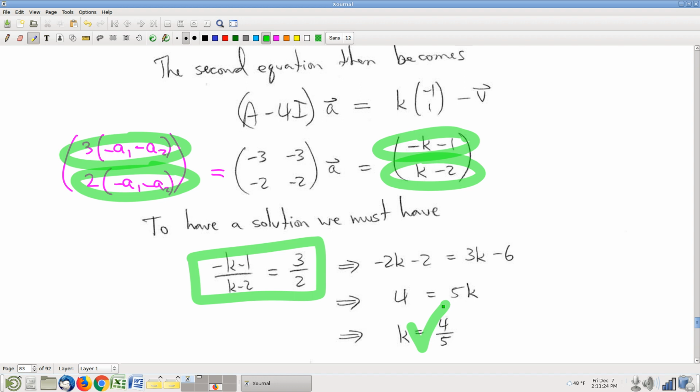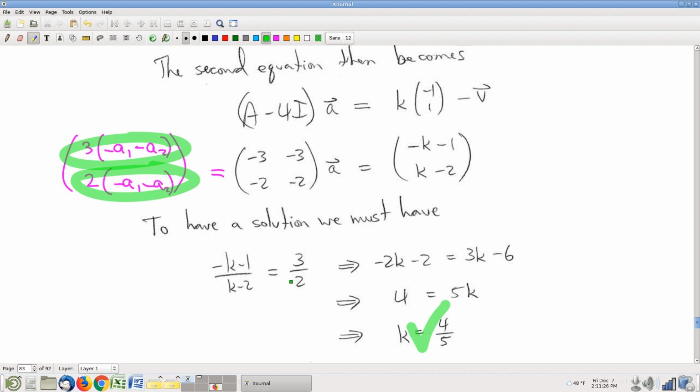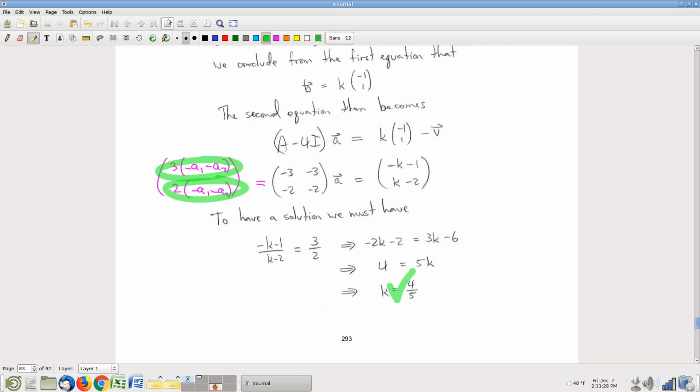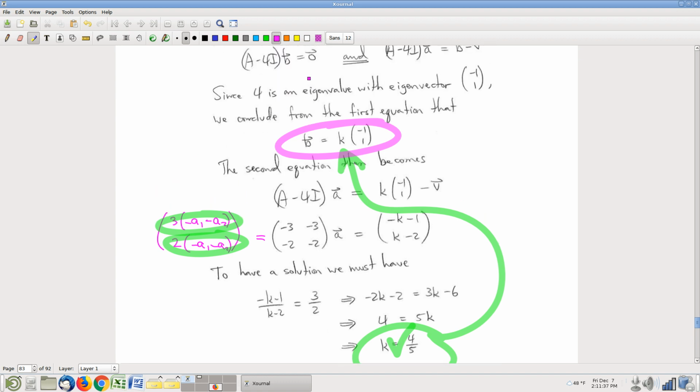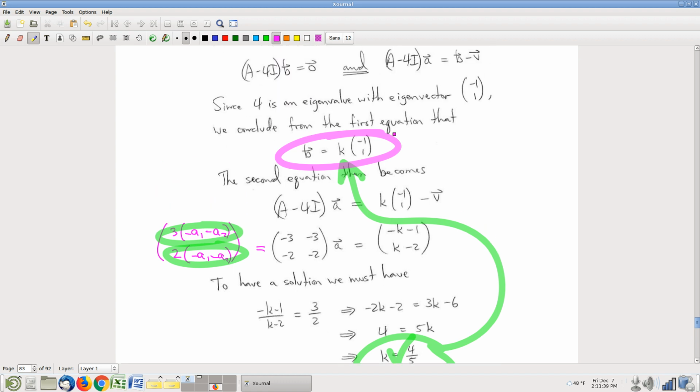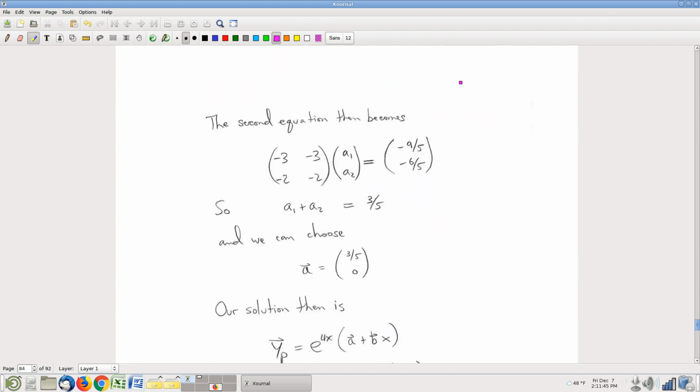Still not done. Right now we know k. That means that we know b. Once we know b, now we know the right-hand side over there, and then we can solve for a.